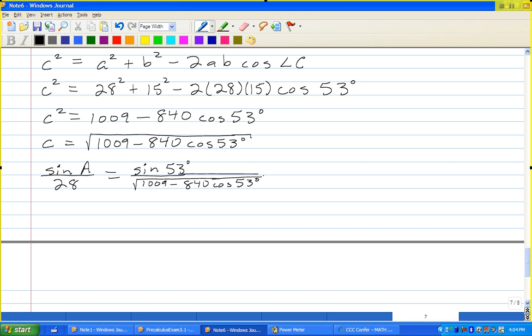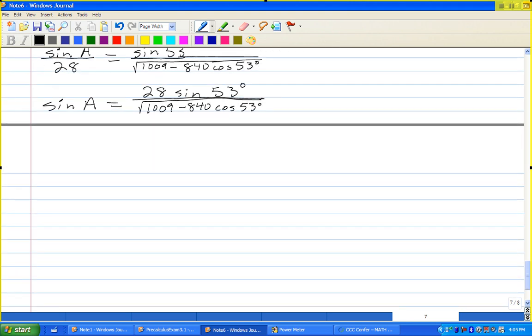And so I have that the sine of A is equal to 28 sine 53 degrees over the square root of 1009 minus 840 cosine of 53 degrees.